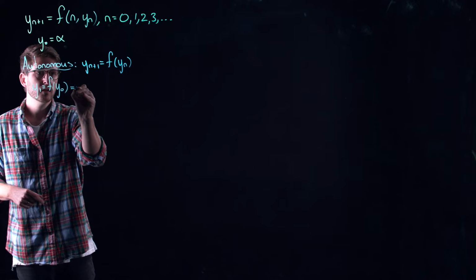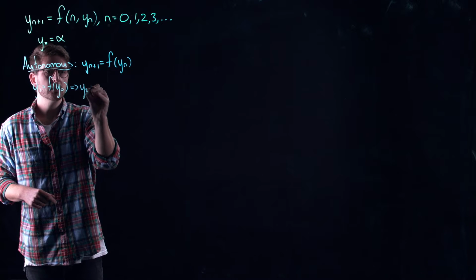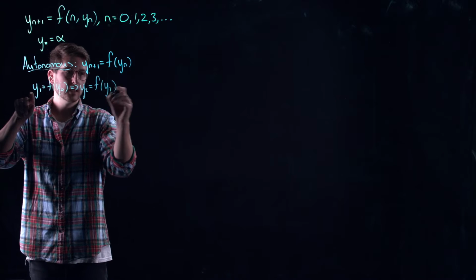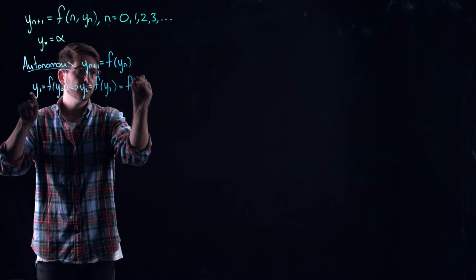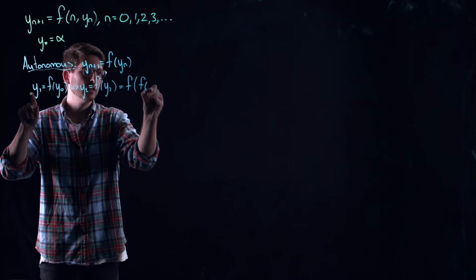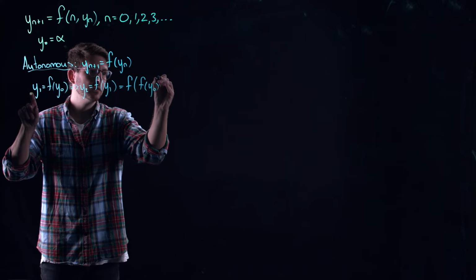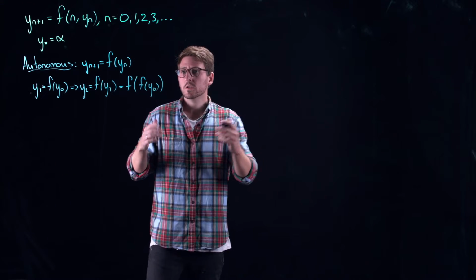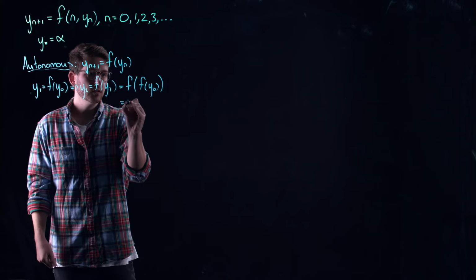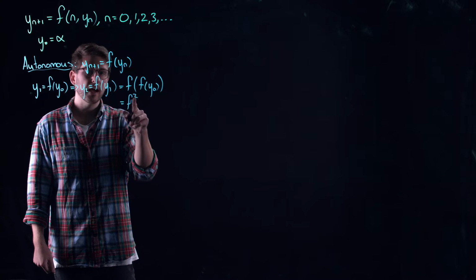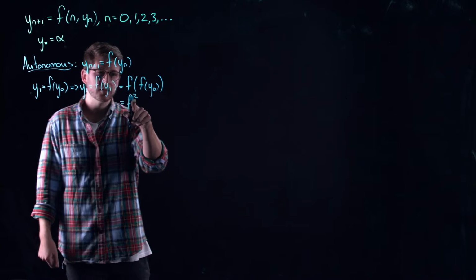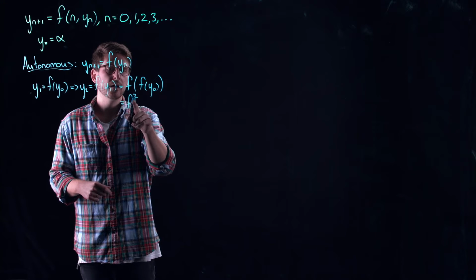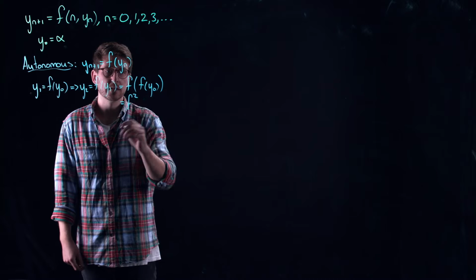But then this tells me that y2 is f of y1, which is equal to f of f of y0. So a double application of f, which, to denote that double application, we write it as f. Sometimes I'll say this accidentally, it's squared, but this means the second composition of f with itself.